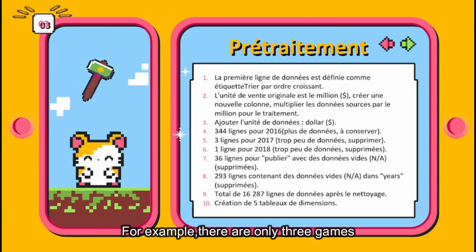For example, there are only 3 games published in 2017, and there is only 1 game published in 2018, so we decided to drop this data. What's more, we also noticed that there were a lot of missing values, so we decided to remove them too. In the end, more than 16,000 data remain, which shows that the analysis result is still convincing.